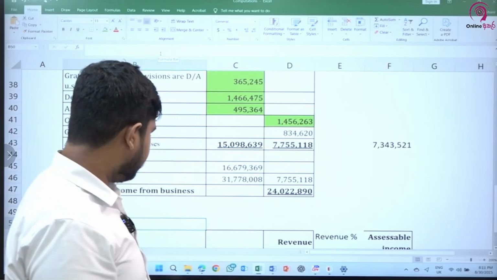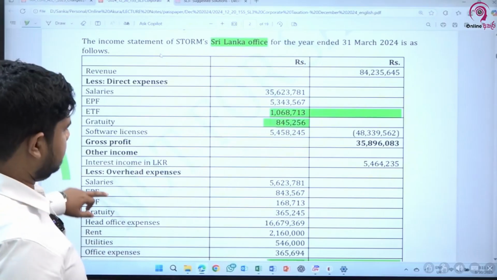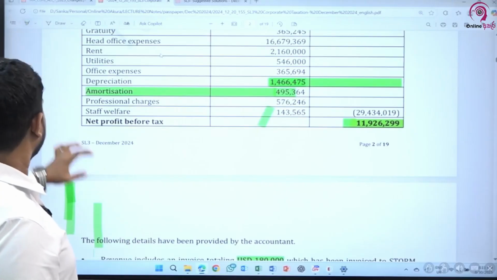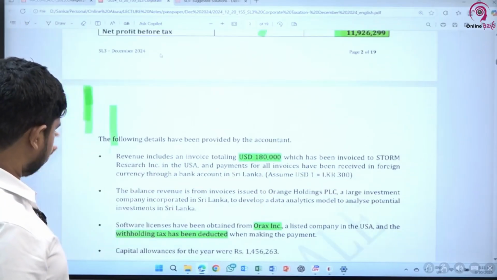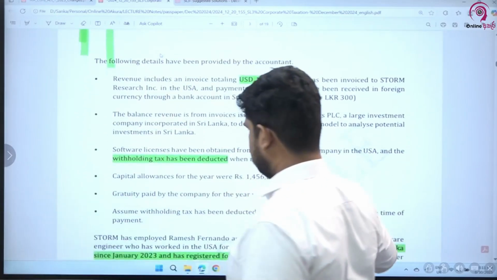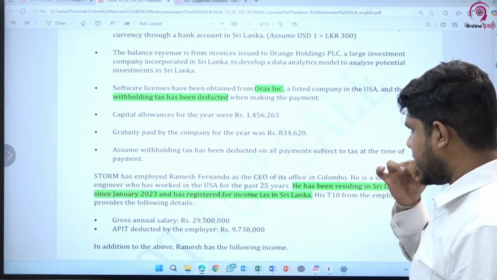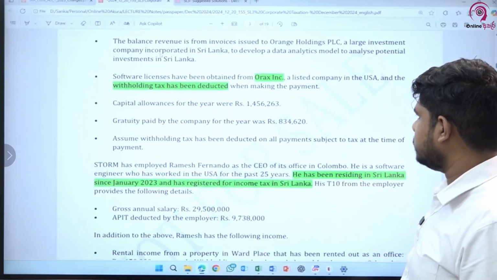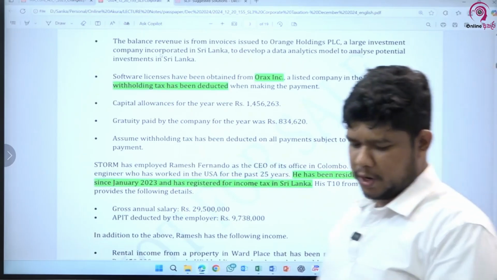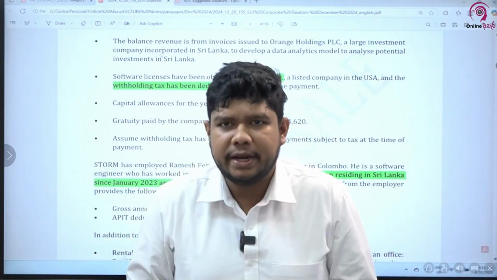So why has the payment been given in this question? Gratuity paid by the company for the year was 834,620. Now students, expense that is not incurred cannot be deducted.